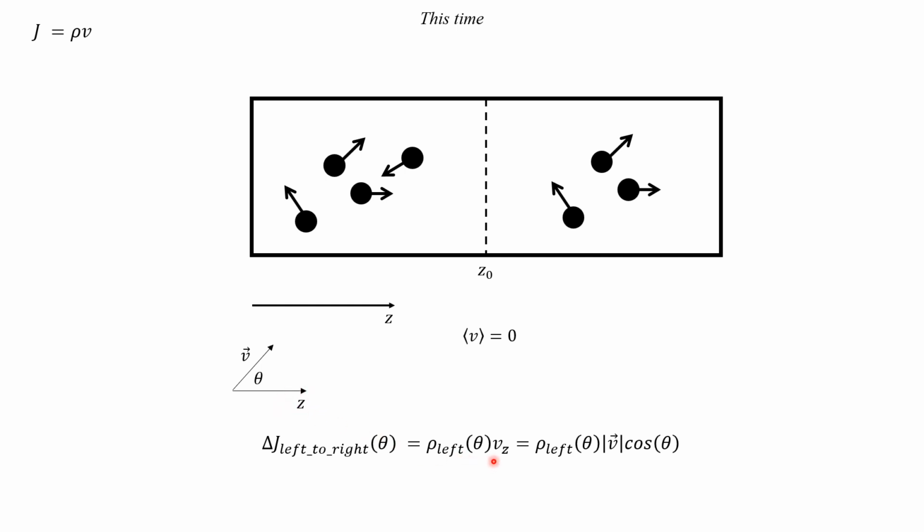So this term here refers only to the particles traveling with the angle theta. It's the concentration of particles whose velocities have an angle theta with the horizontal. And Vz here is the horizontal component of the velocity, so it's the magnitude of the velocity times the cosine of theta.